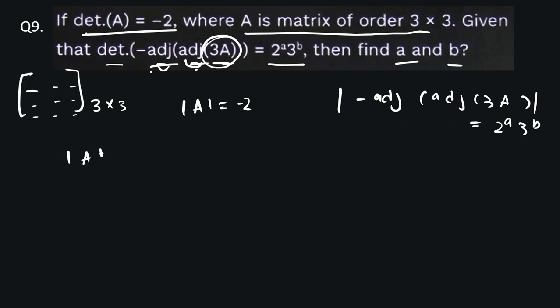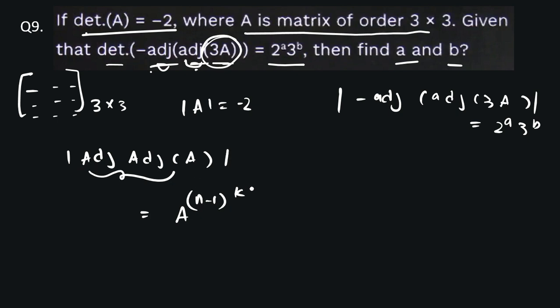We know that det of adjoint A is det A power n minus 1, if this is k, det of k into A is k power n minus 1. Now this is equal to minus 3A power 4. We need to find the determinant of 3A power 4, because in the question it is given 3A, not just A. So we replaced A with 3A.